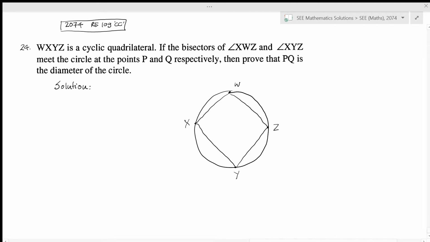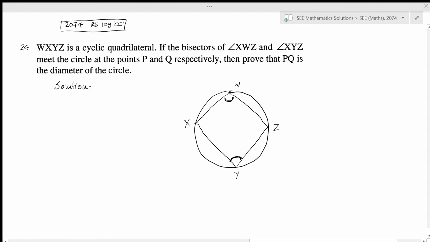If the bisectors of angle XWZ, so XWZ means this angle, and angle bisector means this angle is divided into two equal parts, half and half. And angle XYZ, so angle XYZ means this angle. The angle bisectors of these two may not be the same line, so we can't say that the same line will divide these two angles into half.